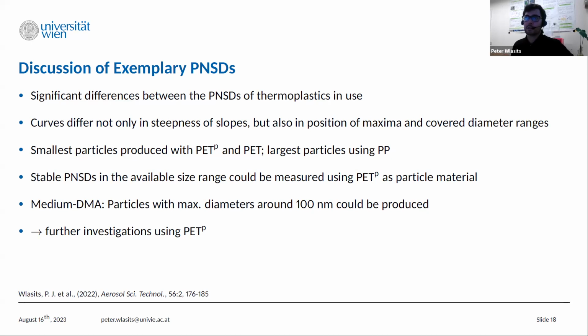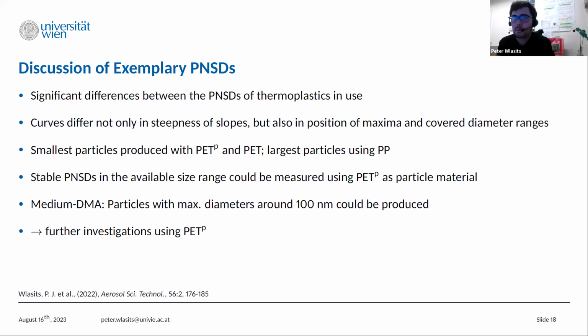Stable particle number size distributions in the available size range could be measured using the higher purity PET as particle material. And using that medium DMA, we could find out that the maximum diameters of these non-PET distributions, so the LDPE and the PP, are centered around 100 nanometers, which is the biggest particles we could produce at all.